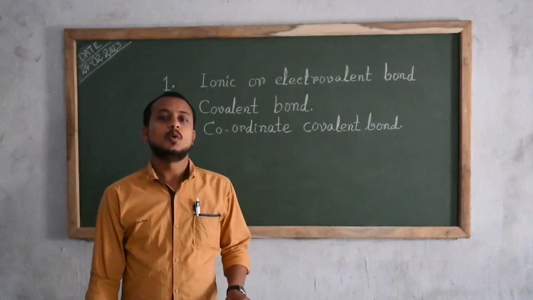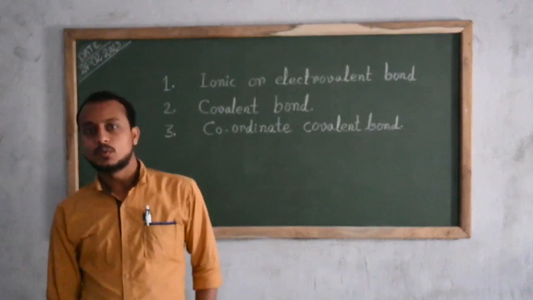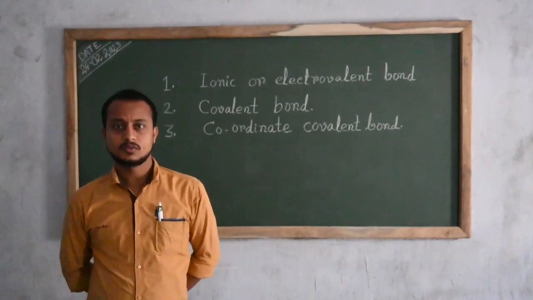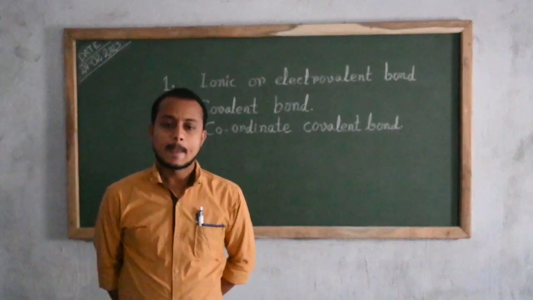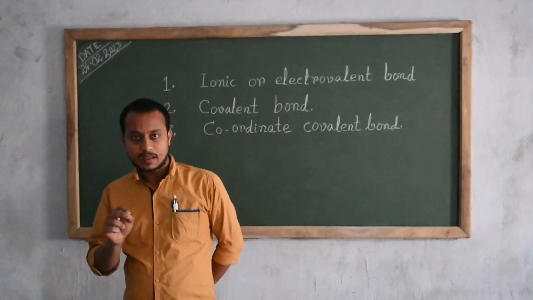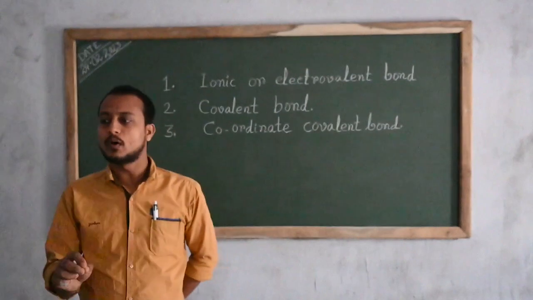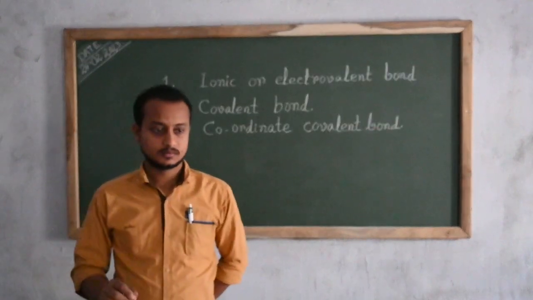The ionic bond or electrovalent bond is formed by the transfer of valence electrons from one atom to another.